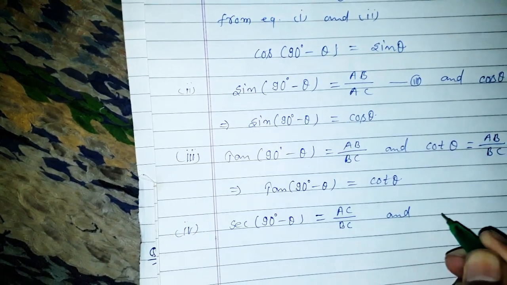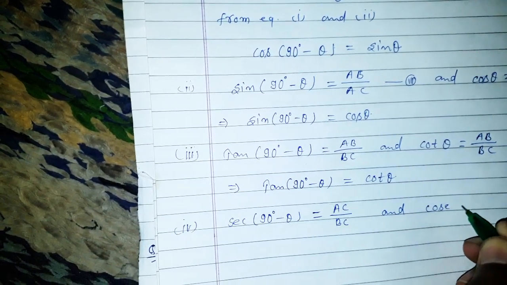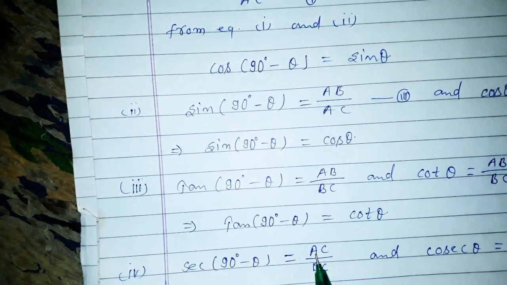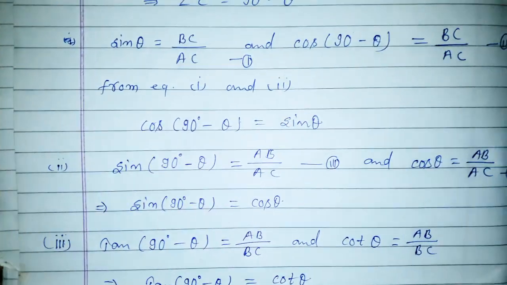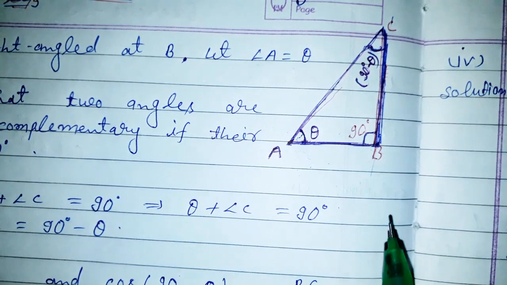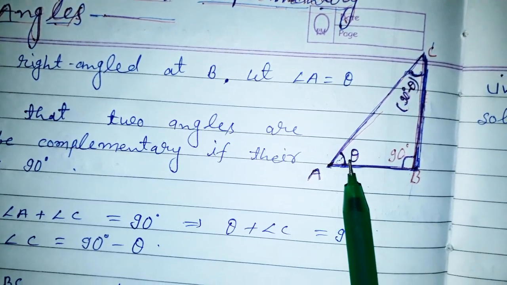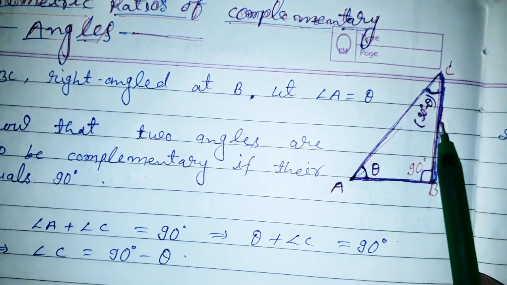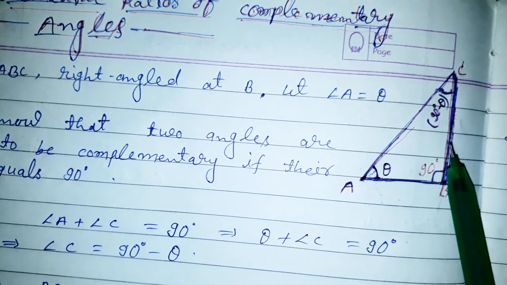And cosec theta, because AC upon BC is according to angle theta. What is AC? AC is the hypotenuse and BC is the opposite side to angle theta. So this ratio is cosec theta.